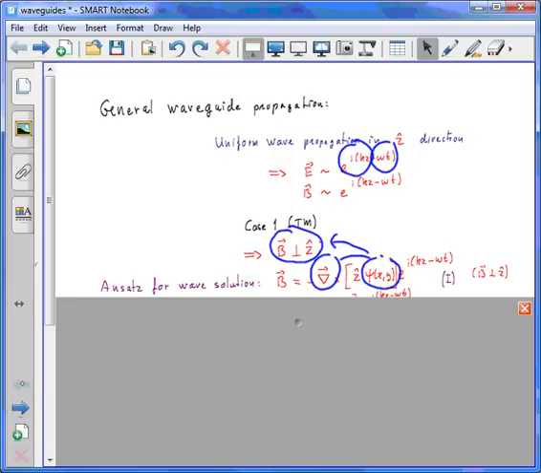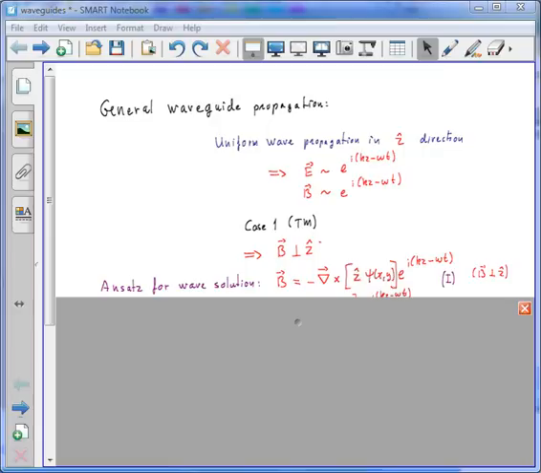So going back to our expression, we have B always perpendicular to z. The next step is to identify what is psi of x and y. In order to find psi of x and y, we're going to plug this magnetic field into Maxwell's equations.